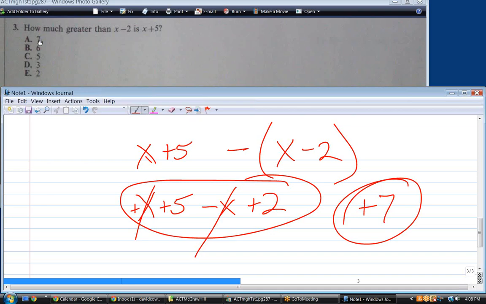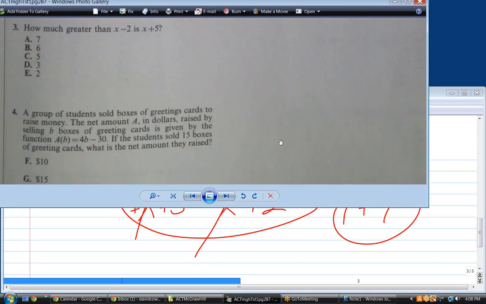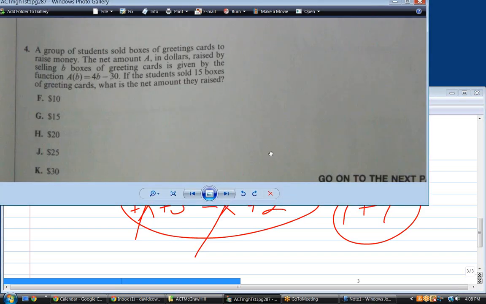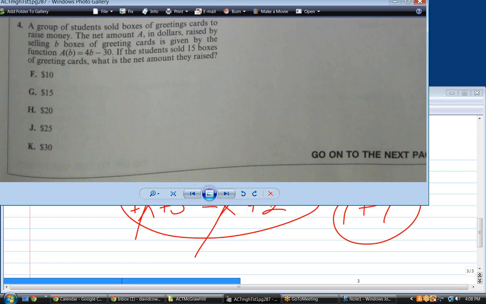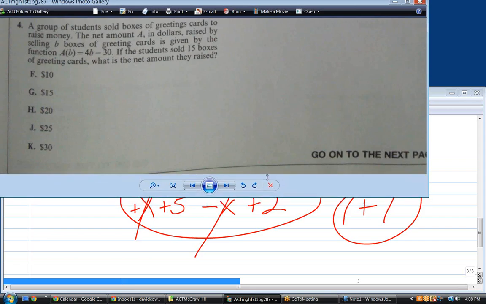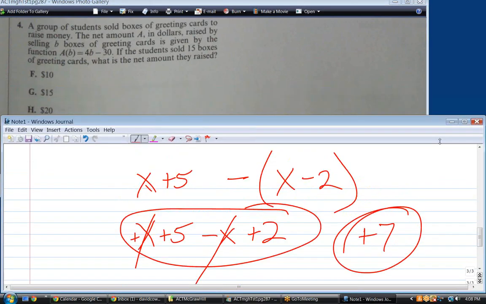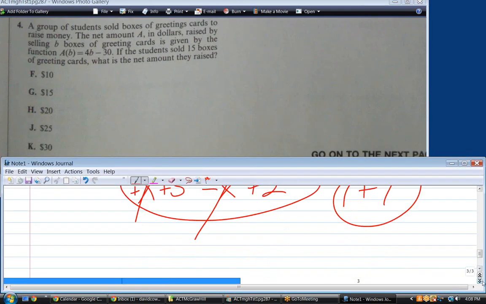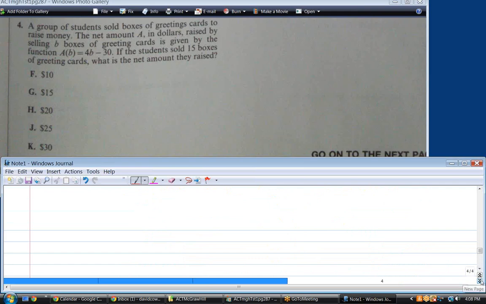Okay. Now notice that this problem looks hard.